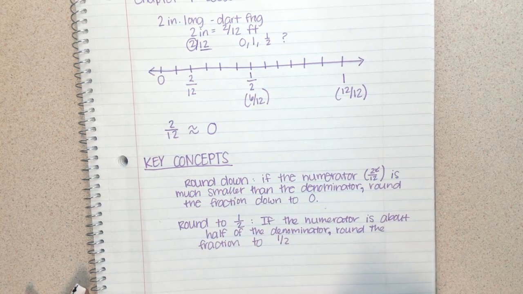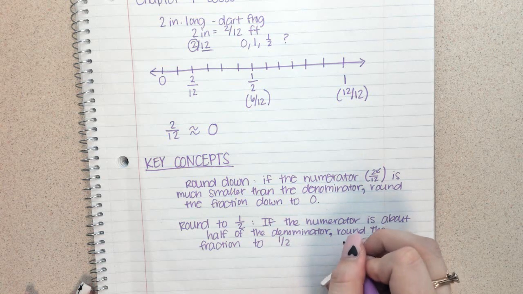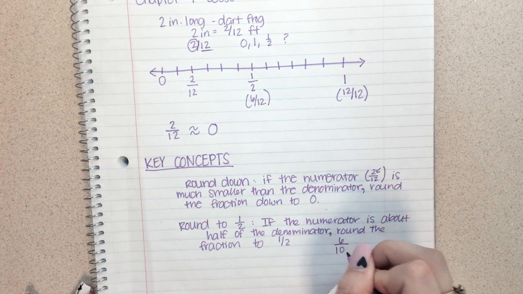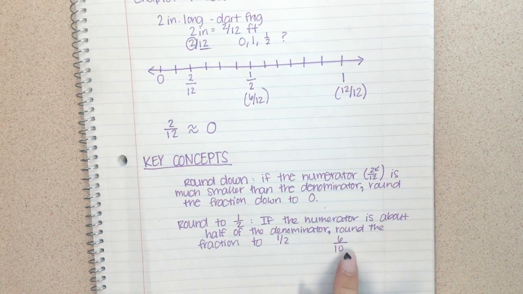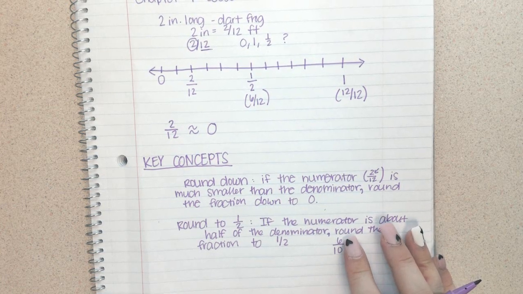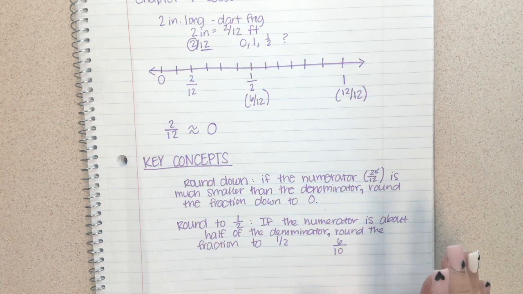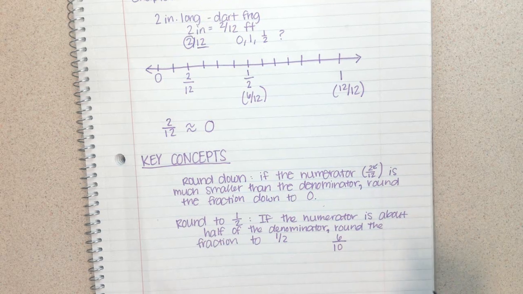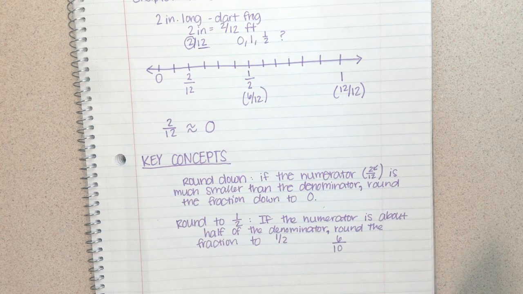Okay, so let me show you an example. 6/10. Half of 10 is 5. I almost said 6. Half of 10 is 5. So since this is about half, a little more than, but it's not quite more than, we're going to go ahead and round it to 1/2.